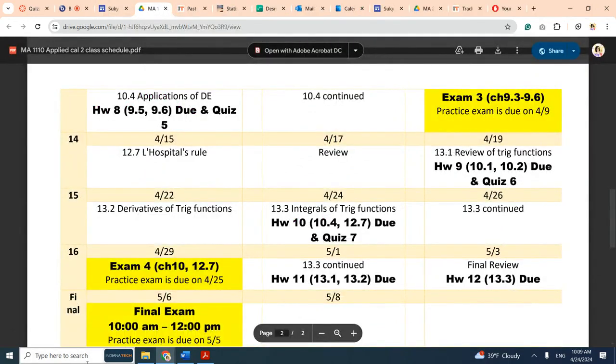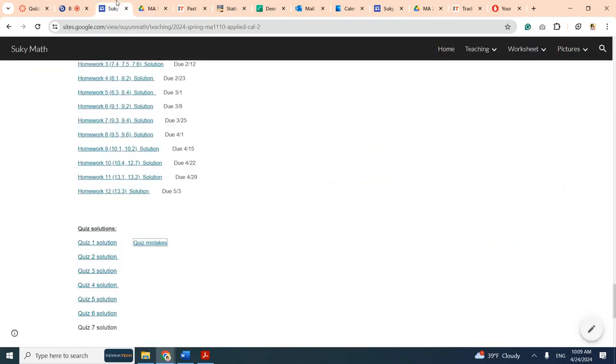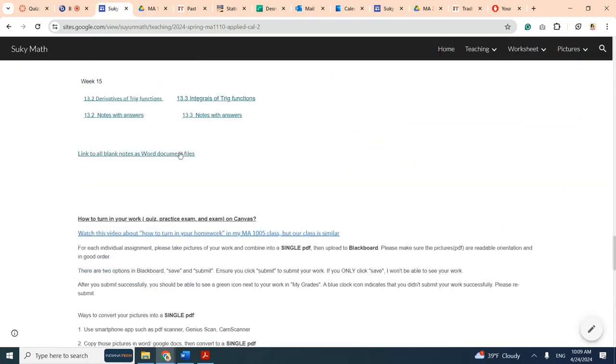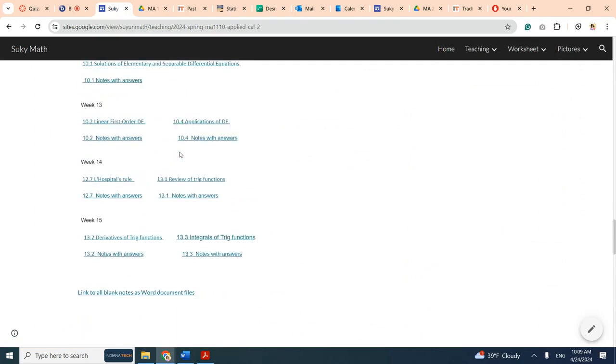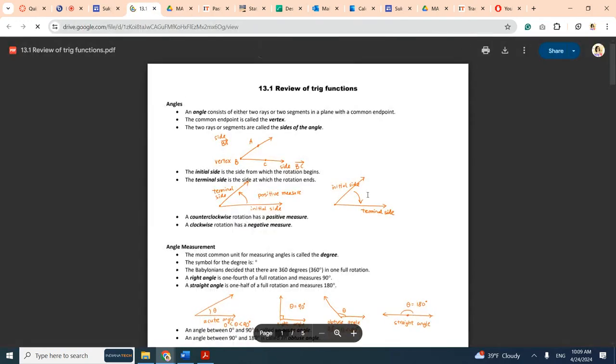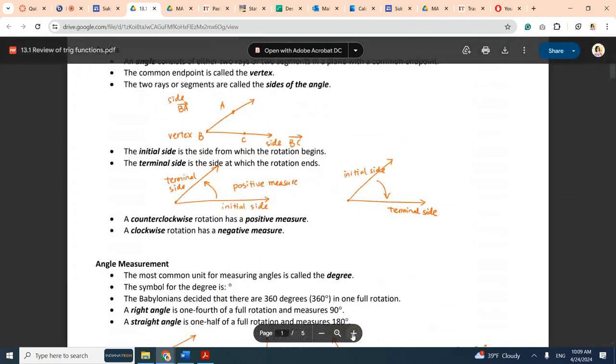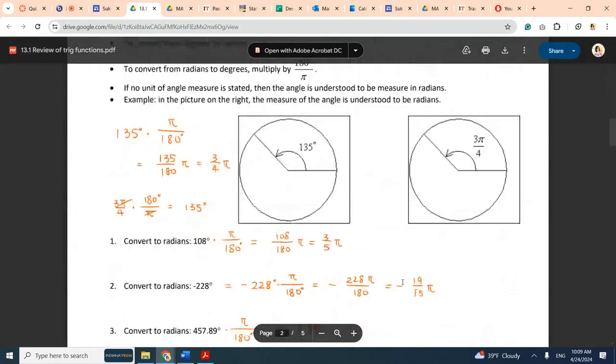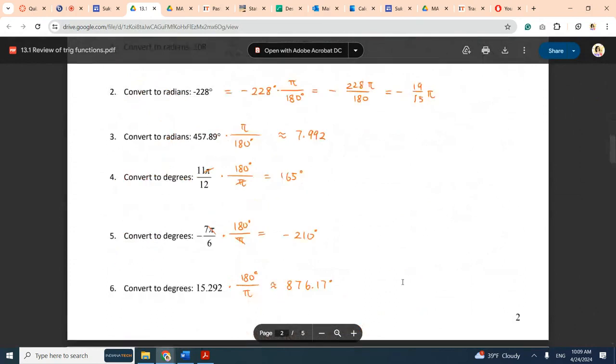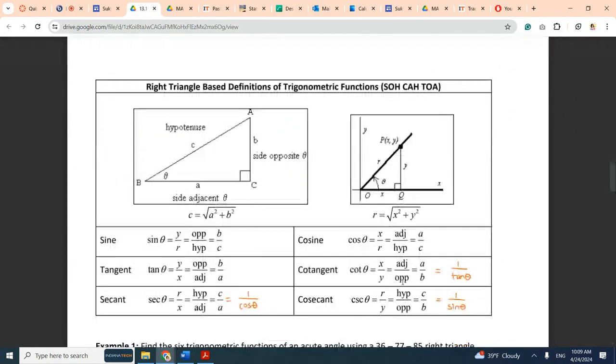Okay, let's see. So last time we were looking at 13.1 notes with answers. We kind of review our trig parts, right? So today we continue to review it. Last time we talked about SOHCAHTOA, right, everybody? So sine is what?